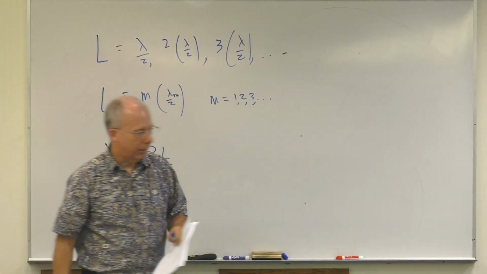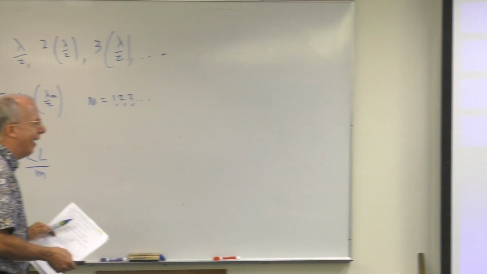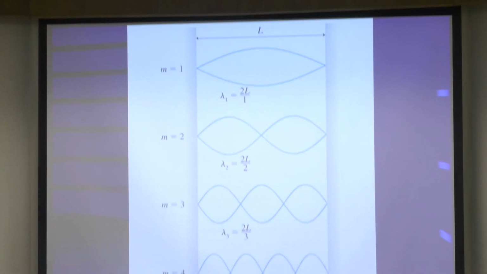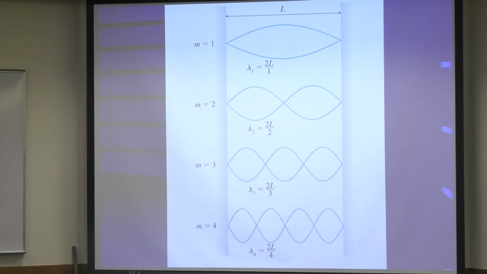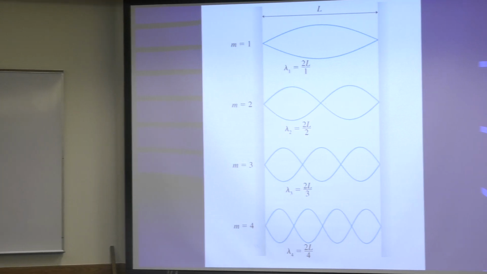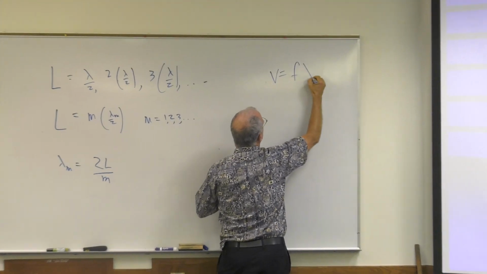So lambda 1 is 2L over 1, lambda 2 is 2L over 2, and so forth. Now, this is wonderful, but who cares? We want to get frequencies. Remember, the most important equation with waves, and I always call it F equals ma, is V equals F lambda.